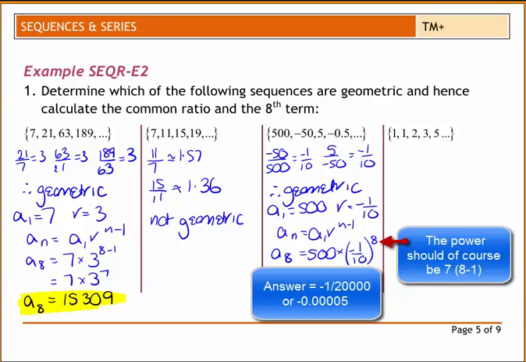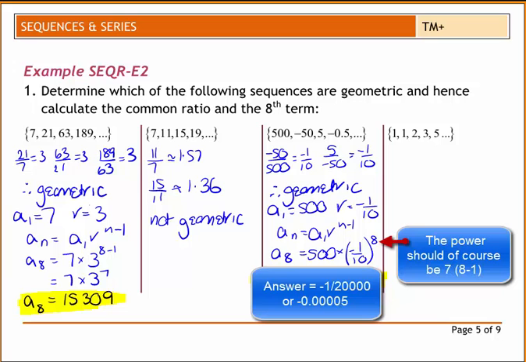And that's your 8th term. I just missed a 0, I've just realised. If you work it out in your calculator, it's actually 5 times 10 to the negative 6. So it actually should be 0.000005.